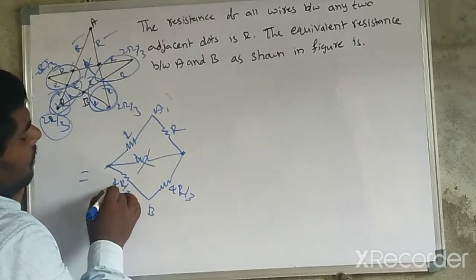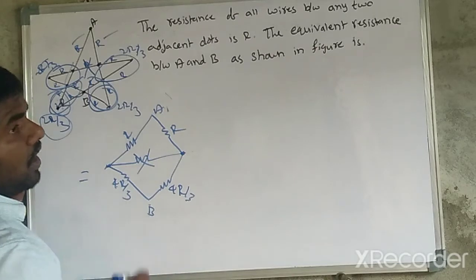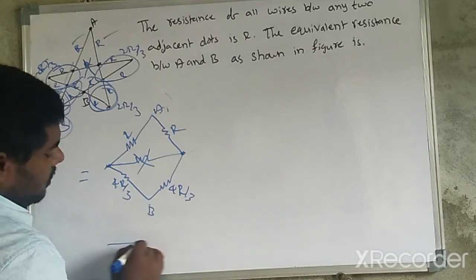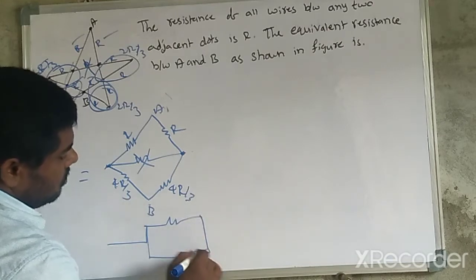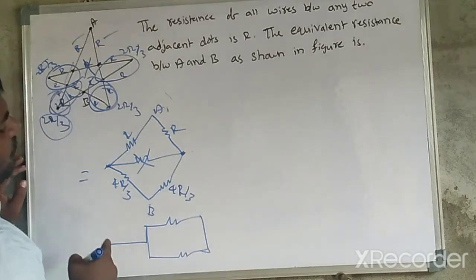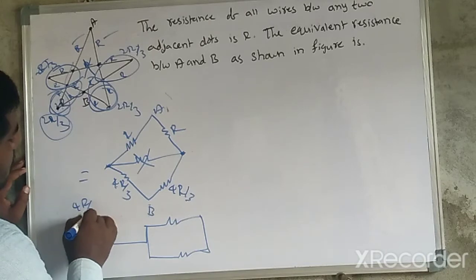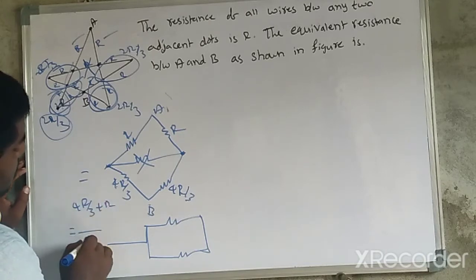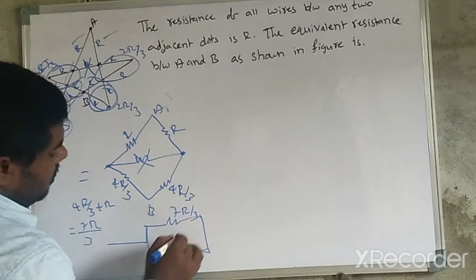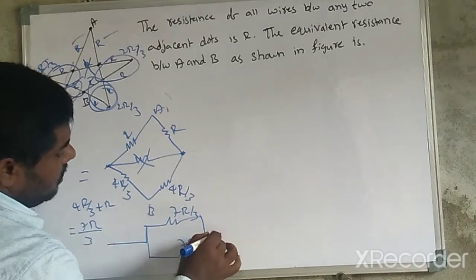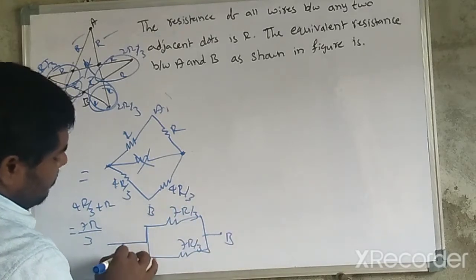So 4R by 3 plus R. So here these two are in parallel connection. One is 4R by 3 plus R, take LCM 3, so 7R by 3, this one also 7R by 3, this point is B, this point is A.